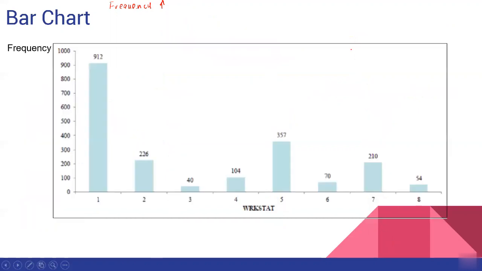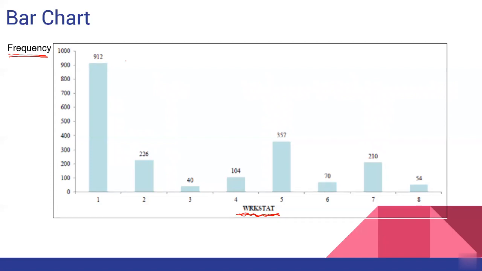As you can see here, this chart is clearer for you. The x-axis is our work status. We use numbers 1 to 8 to represent each status, and the y-axis is called frequency. That means in each group, how many people there are.